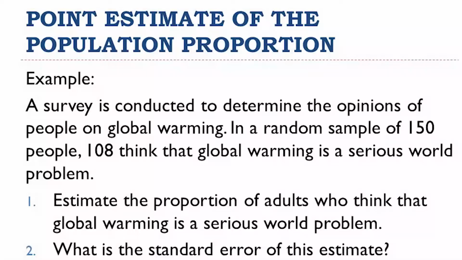So for example, let's try example number 1. A survey is conducted to determine the opinions of people on global warming. In a random sample of 150 people, 108 think that global warming is a serious world problem. Number 1: estimate the proportion of adults who think that global warming is a serious world problem.